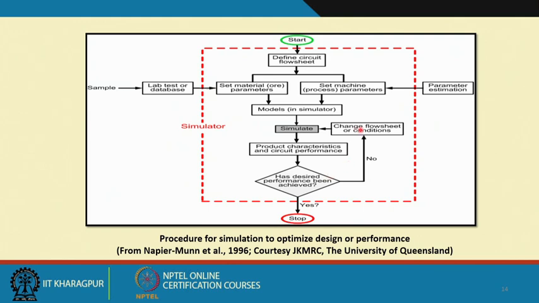If they are not optimized, if they are not giving optimum performance, then you change the circuit flow sheet, and once you are satisfied with the performance, then you freeze the flow sheet.